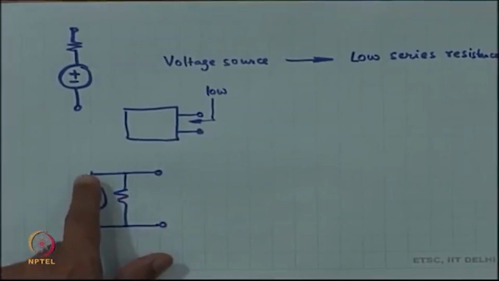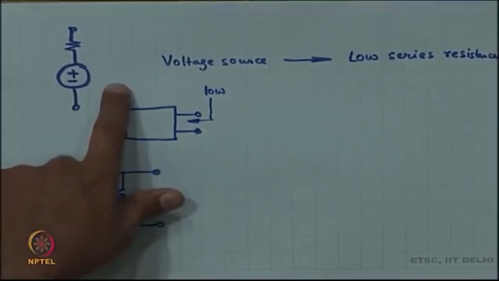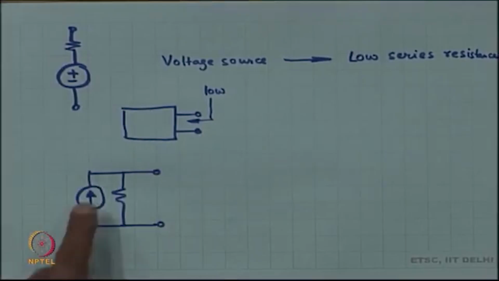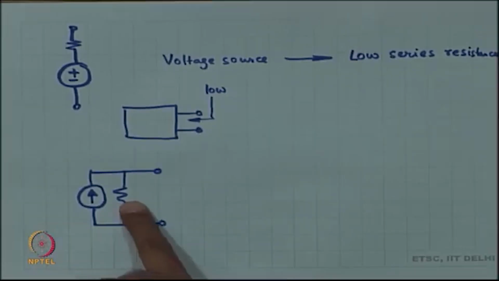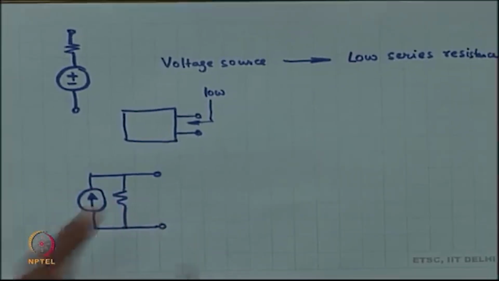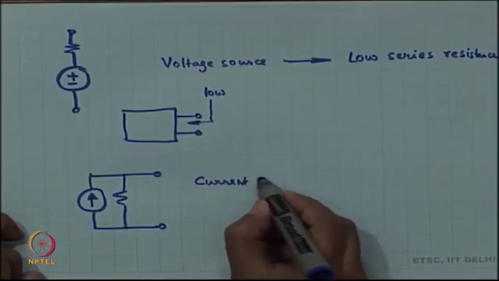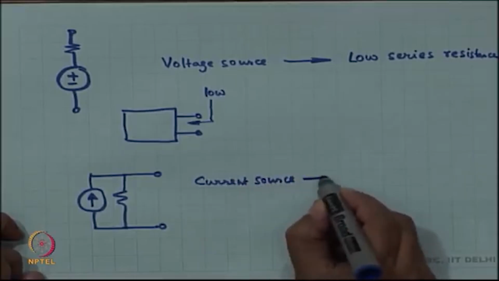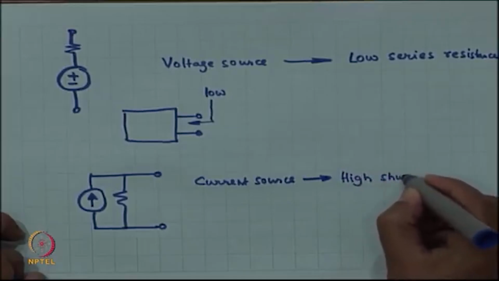A voltage source in series with a resistance is still a voltage source. A current source in series with a resistance is still a current source. The non ideality is when the resistance appears in parallel. If this resistance were infinite, then the current source would have been an ideal current source. So, if you are trying to make a current source, then you need a very high shunt resistance.